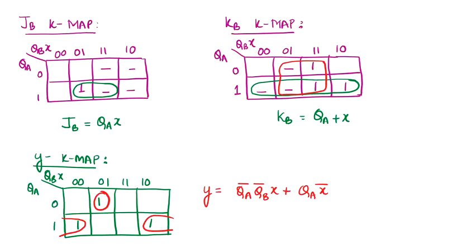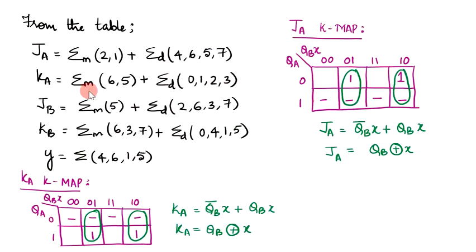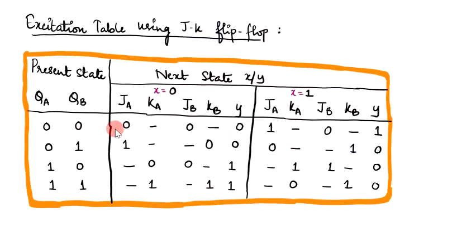So coming back to this, here if you observe, JA was corresponding to the 0, 0, 0, 0, 1, 0, 1, 0 combination.